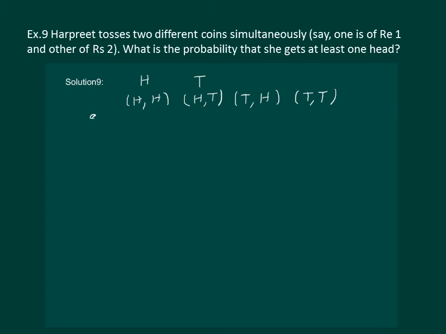Also, these are equally likely, and we can say the possible outcomes of the experiment are 4.